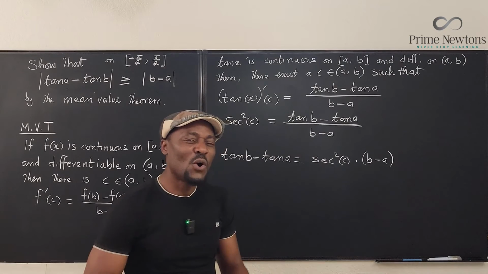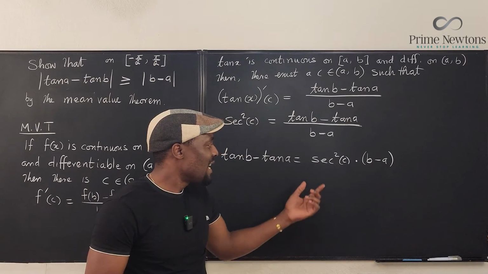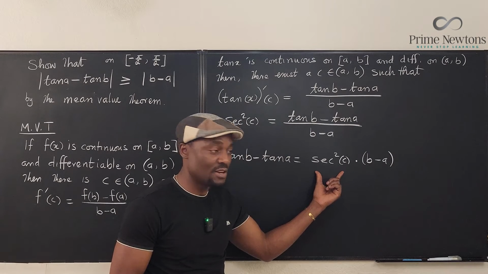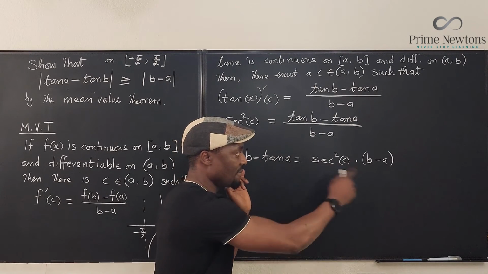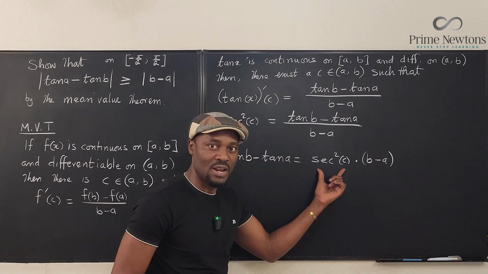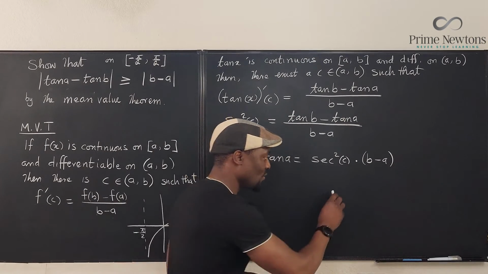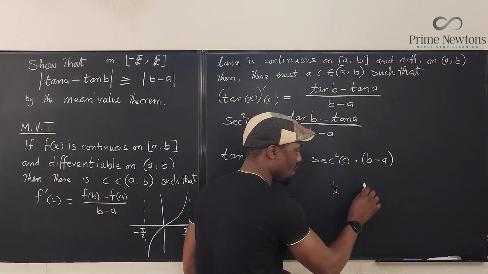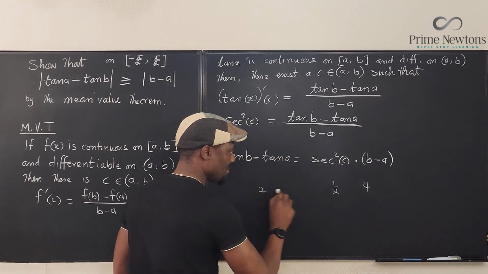But if it is always positive, it could be a fraction. If you have a proper fraction here, let's say this is 1/2 and this is 4, then this has to be 2.